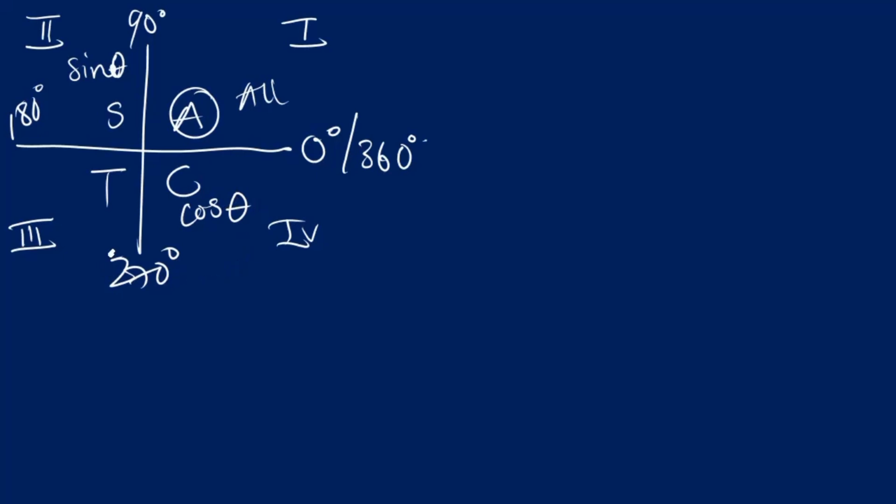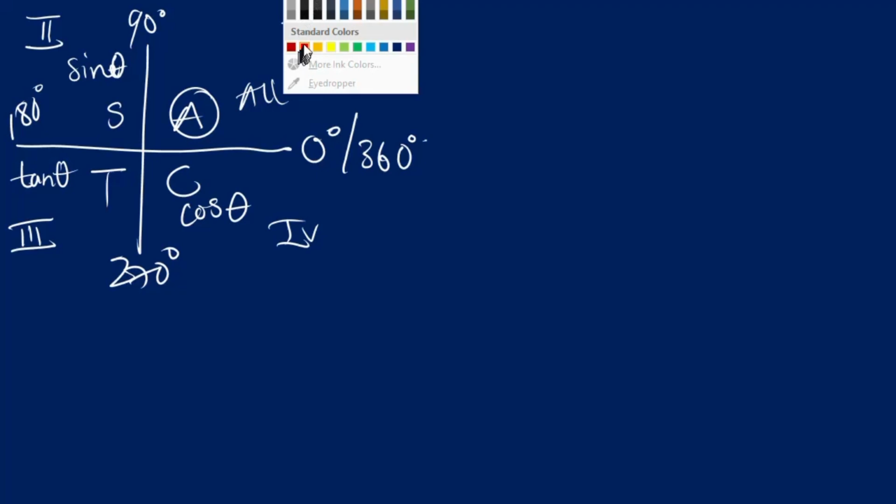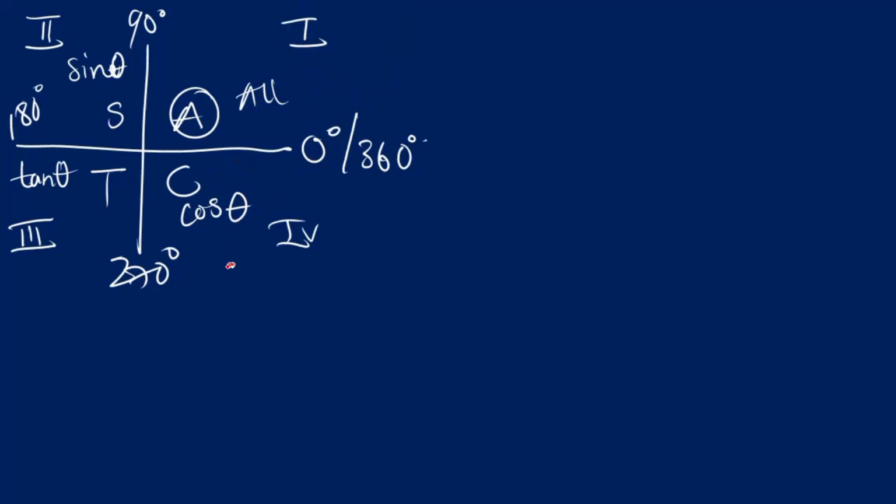Cosine of theta. Remember, we said a function doesn't exist alone. And then here we have the tangent of theta, right? So what do these things mean? Why are we including these things? What are they about? The CAST method is there to help us identify which trig ratios are positive in those quadrants.